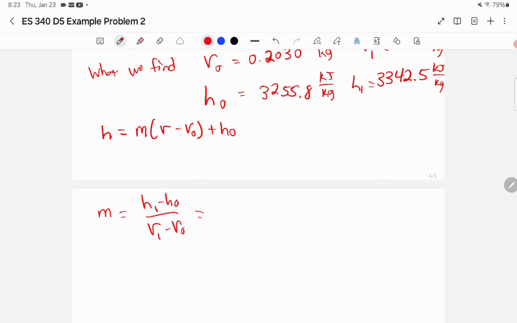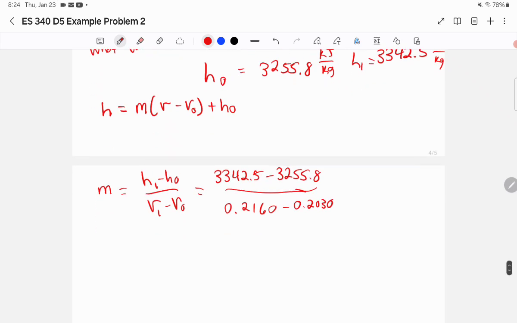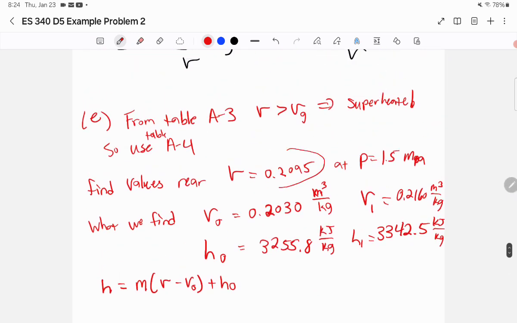So obviously that's going to be the same as 3342.5 minus 3255.8 divided by 0.2160 minus 0.2030, and then the value that I was looking for around was this one, 0.2095.